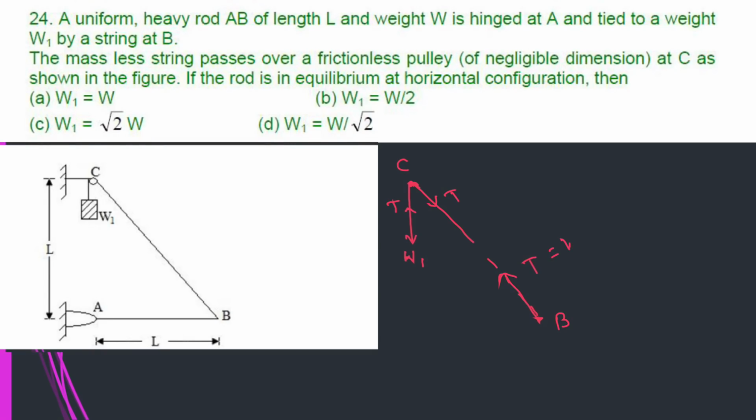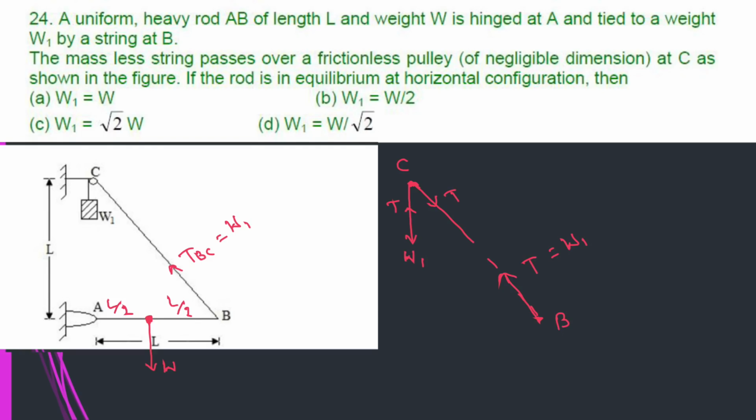Then here TBC equal to W1 we get. Then its weight is W. At midpoint it will act, L by 2, this side L by 2, this side L by 2. We have to calculate the relation. Both are L and L. So this angle is 45 degree.